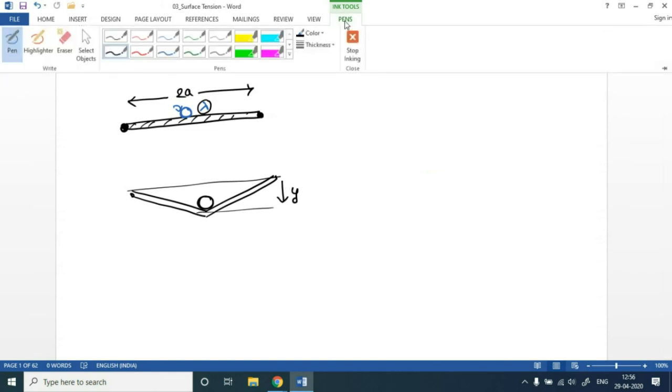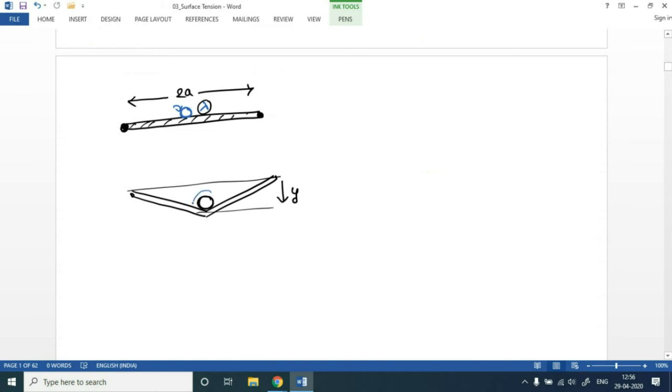We are simply going to draw the free body diagram of this part, for length L. It would be experiencing a vertically downward force, its weight, which is lambda L times g. There would be surface tension force here and here.